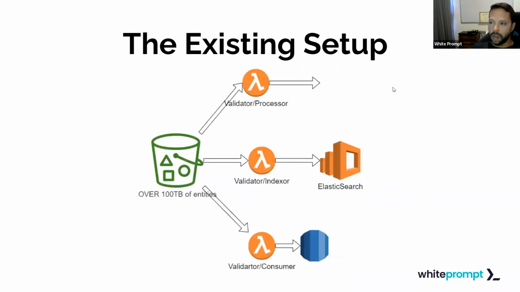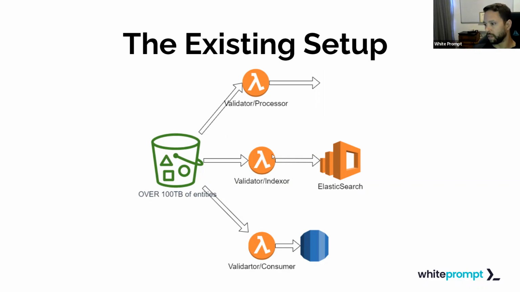The existing setup when I arrived in the project looked something like this. They had to extract the information from the buckets, and we had to validate it. And then each Lambda would do its own thing.